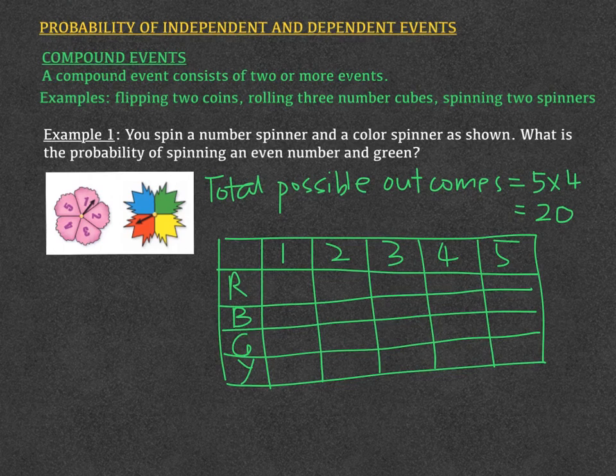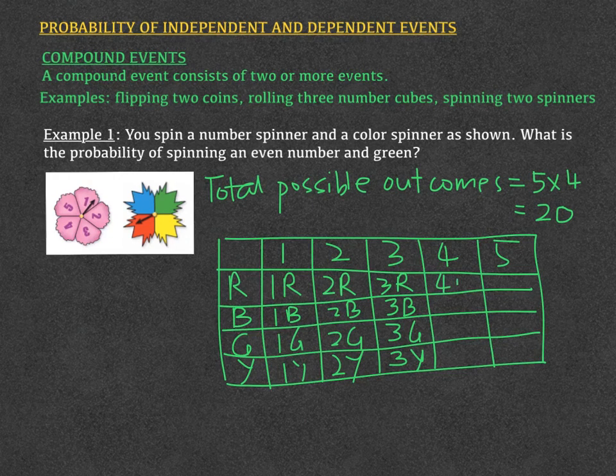So one possible outcome will be 1 and red, and the next one will be 1 and blue, 1 and green, 1 and yellow, and you have 2 and red, 2 and blue, 2 and green, 2 and yellow, 3 and red, 3 and blue, 3 and green, 3 and yellow, and we have 4 and red, 4 and blue, 4 and green, 4 and yellow, 5 and red, 5 and blue, 5 and green, and 5 and yellow.